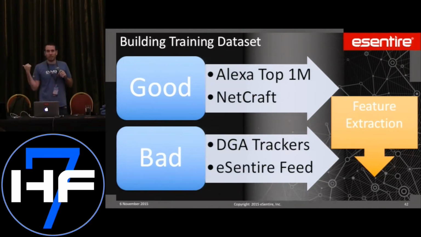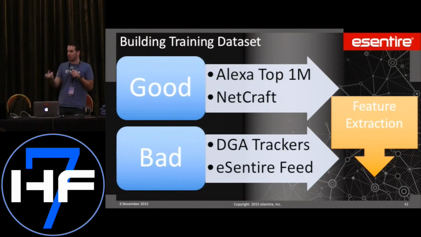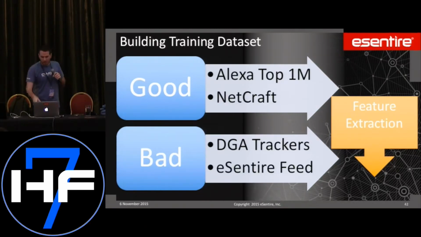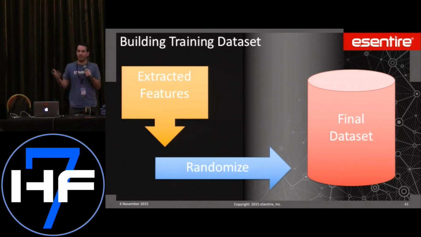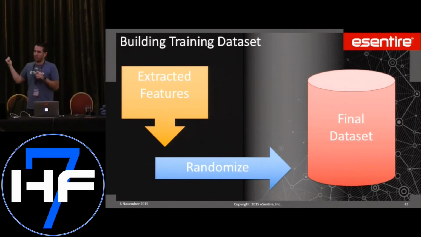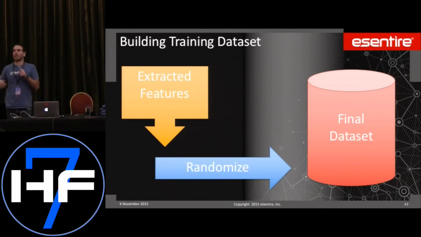Then you have to run this data through a function to extract the features we mentioned earlier, the data points from the domain. That script works, and in the end we get a CSV file. The next step is to randomize this data, so we avoid any bias in it. We randomize it and then shoot it off to the machine learning function, which takes it in and creates a model.